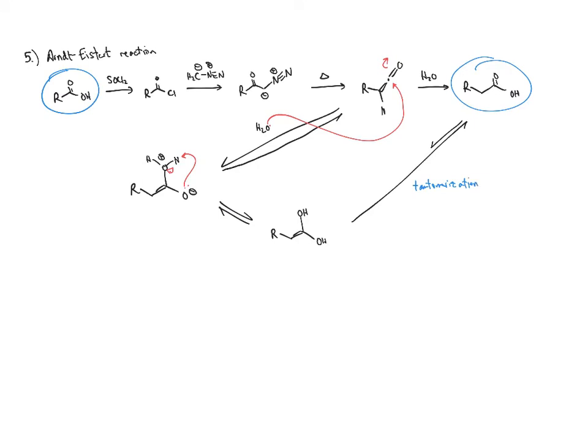So a homologated carboxylic acid is just one in which you have an extended chain length. So this is really an application of the Wolff rearrangement. You're doing the Wolff rearrangement followed by trapping with water. That's the Arndt-Eistert reaction.